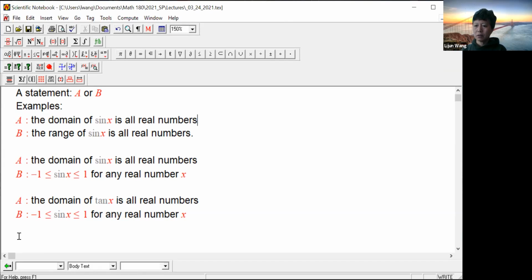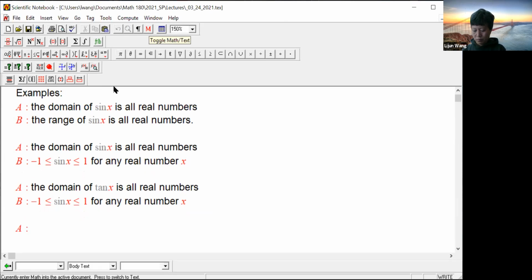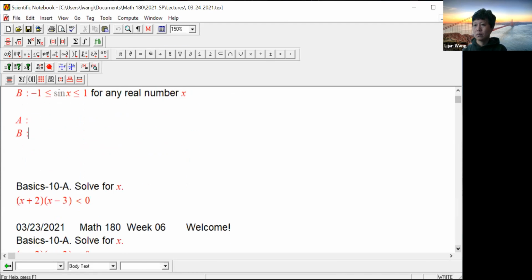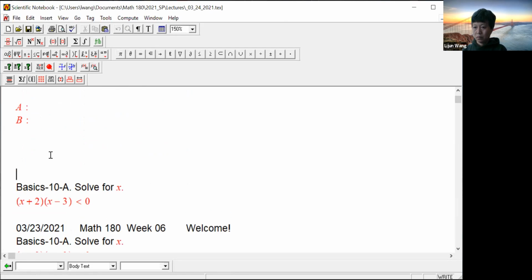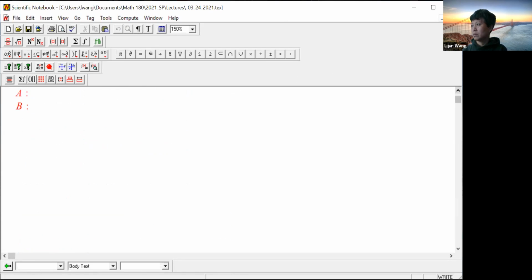Okay, the first statement and the second statement. Suppose the topic of discussion is to sell a car or not.